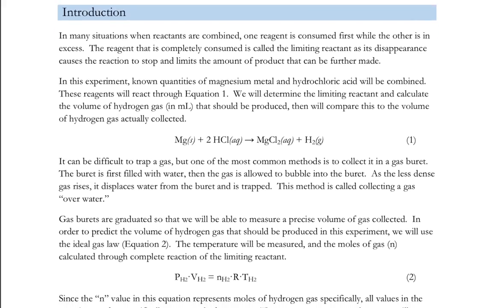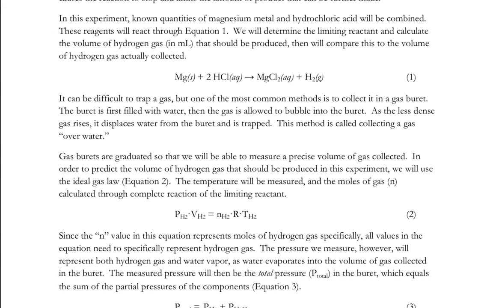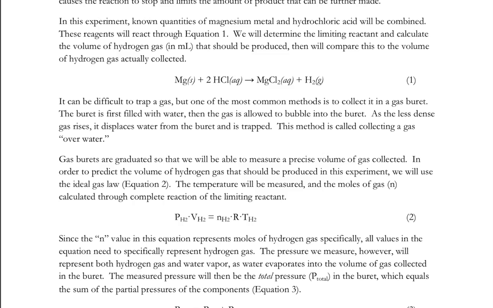The goal for this experiment is to measure experimentally the amount of H2 gas produced, its volume, and to compare that volume to what we would calculate would be produced.